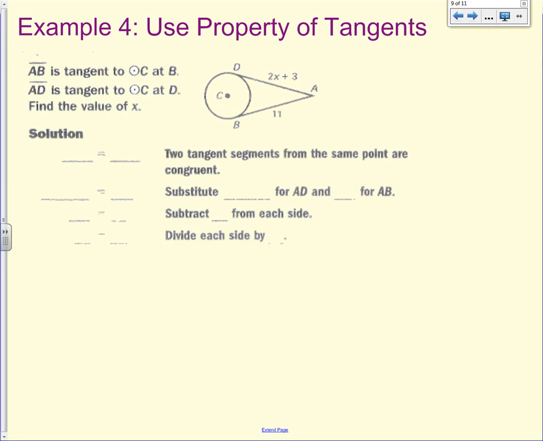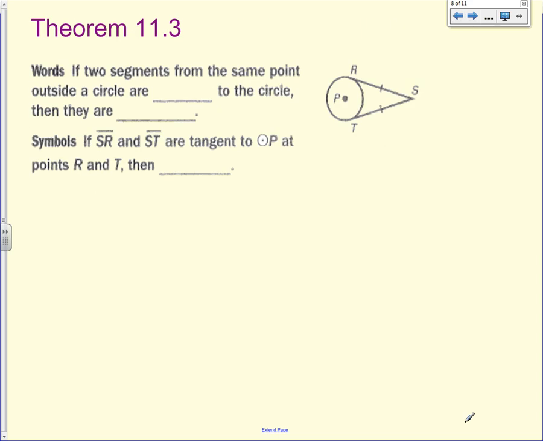All right, now we've got our last couple of examples. I think it's our last example, actually, and we're going to look at what some of the properties of tangents are. We know they're going to intersect the circle at a 90-degree angle, but these tangent segments, now that we can measure them, actually have a better property than that. And so, what we know for these properties of tangents is theorem 11.3.